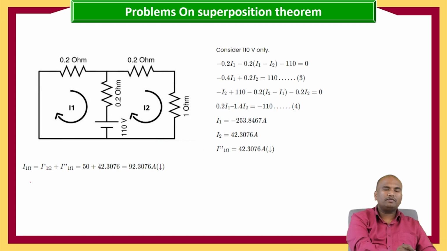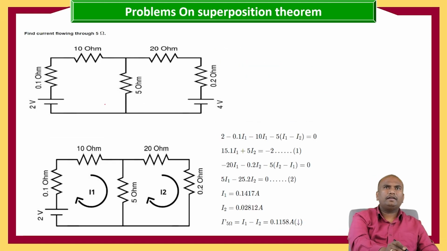So the current flowing through 1 ohm, according to the superposition theorem, is the sum of these two currents: I1 dash plus I1 double dash, which is 50 plus 42.3076, which equals 92.3076.